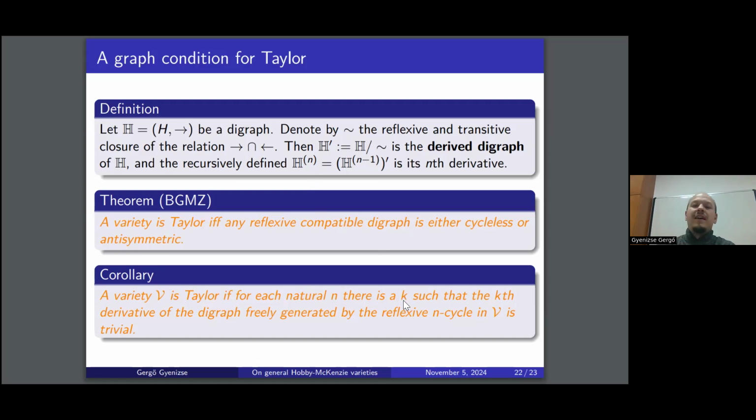And actually, I believe that k can be chosen as n-1. So this is a nice and absolute graph condition that describes Taylor.